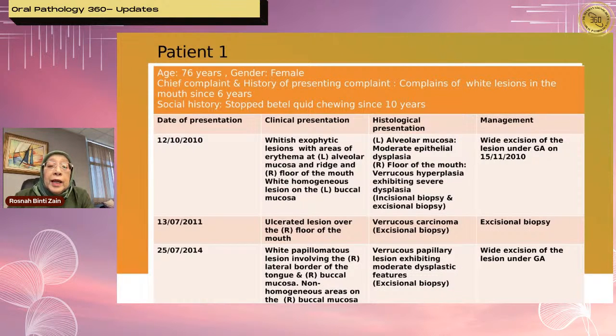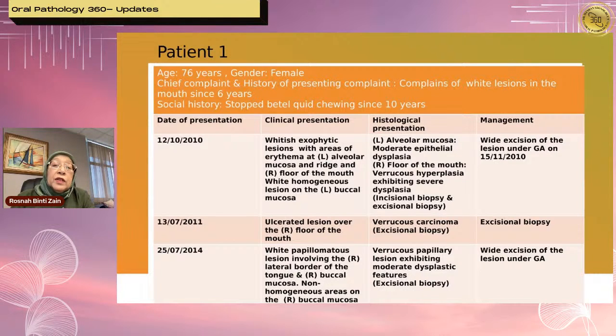And so I would like to just quickly go through one case that I have in my collection, but I've not published, and a number of pathologists and surgeons are involved.